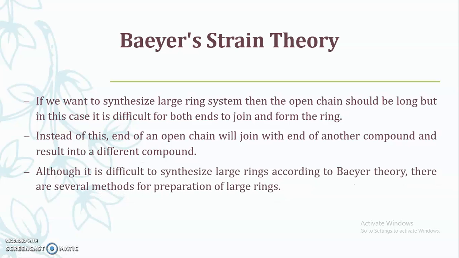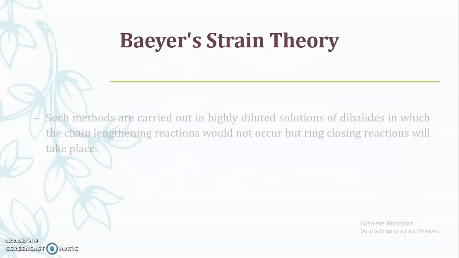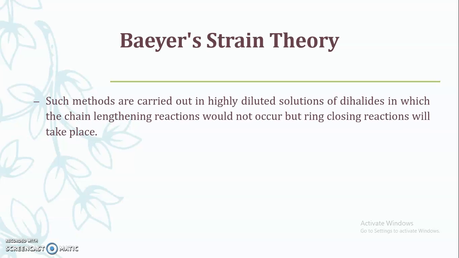Although it is difficult to synthesize large rings according to the Baeyer theory, there are several methods for preparation of the large rings. Actually, there are two ways by which we can prepare these larger rings. Such methods are carried out in very highly diluted solutions of dihalides, in which chain lengthening reactions would not occur, but ring closing reactions will take place.